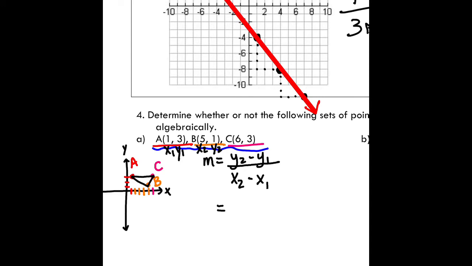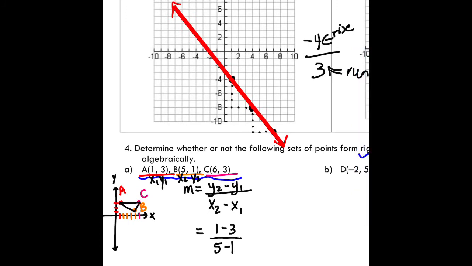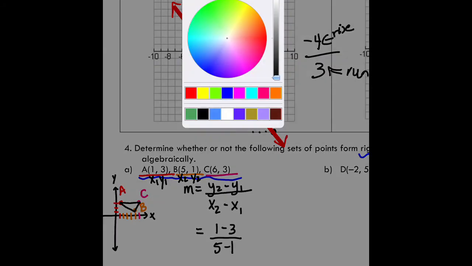So y2 minus y1 would give me 1 minus 3, over x2 minus x1, 5 minus 1. So I'm going to get negative 2 over 4, which is negative 1/2. Okay, if I get a slope that's 2, I know I've got 2 slopes that are negative reciprocals, because 2 is negative 1 over 2 flipped and multiplied by negative 1. So let's keep going here.